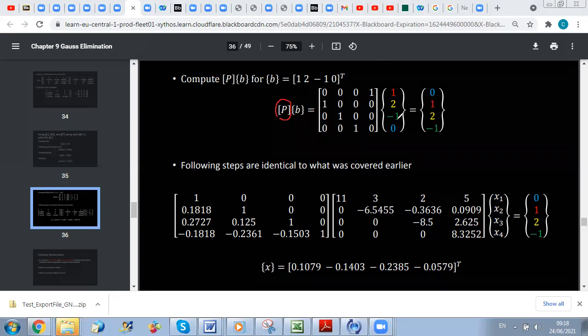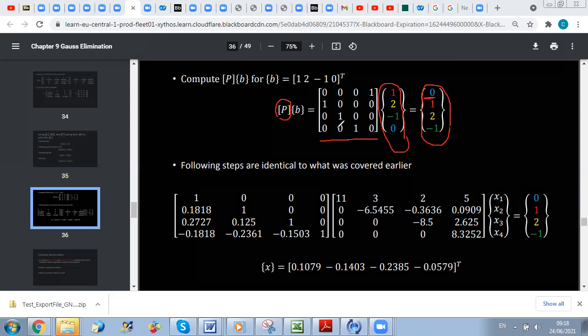We multiply it by vector B that is given, so we update vector B. As you can see, it's a very simple calculation: 0 times 1 plus 0 times 2 plus 0 times minus 1 plus 1 times 0. So the first element here is 0. The first element, for example, is obtained by multiplying the fourth row element with the column vector.